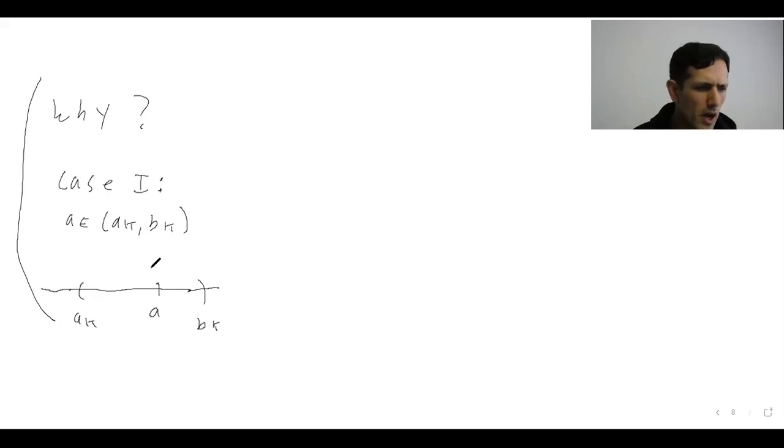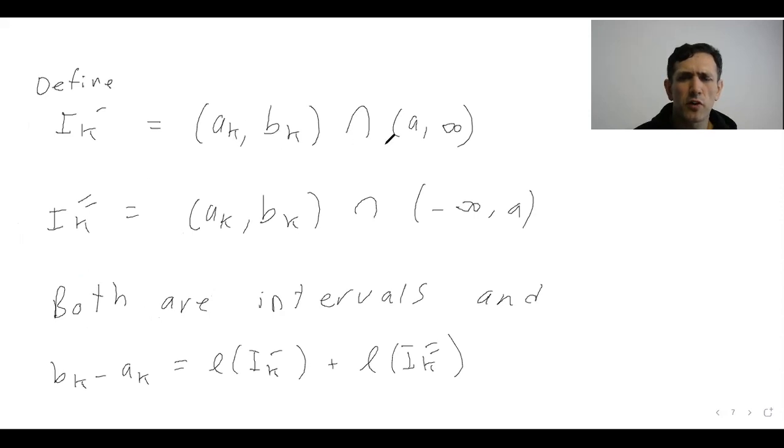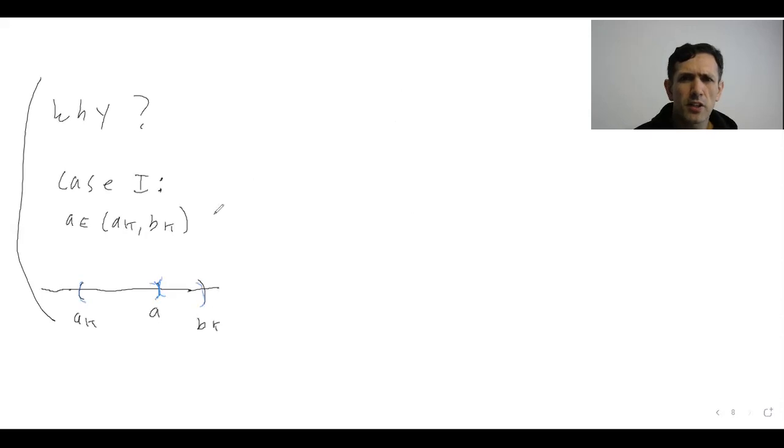Okay, so in this case, what is I_k prime and I_k second prime? Well, I_k prime is just this interval intersect (A, infinity). So this is just I_k prime.